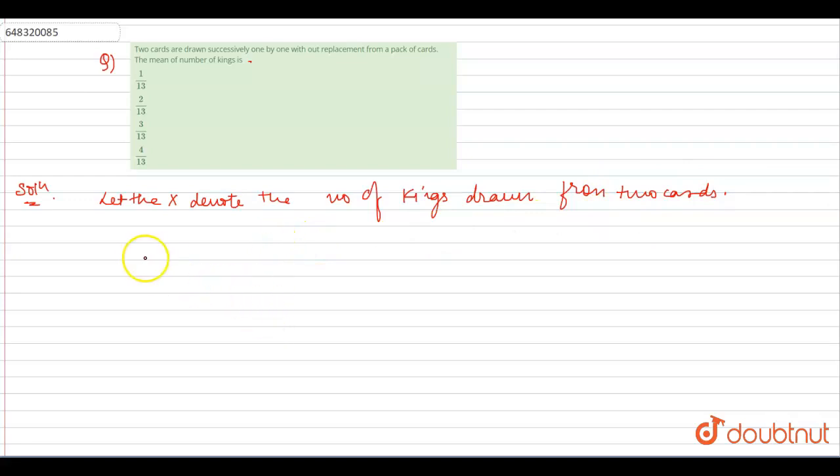So X is a random variable, so we can take the values as 0, 1 or 2, because X is a random variable.